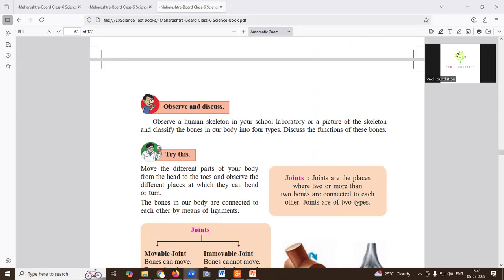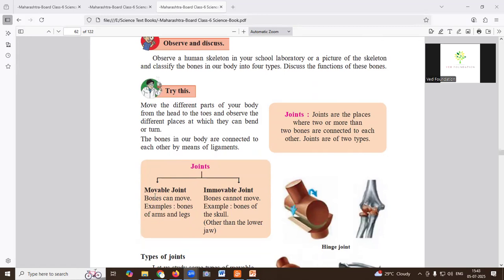Joints are the places where two or more bones are connected to each other. Joints are of two types, movable joints and immovable joints. At movable joints, bones can move, and at immovable joints, bones cannot move.